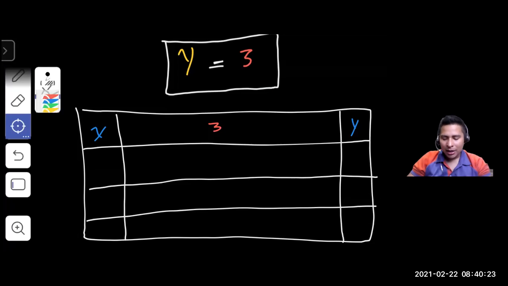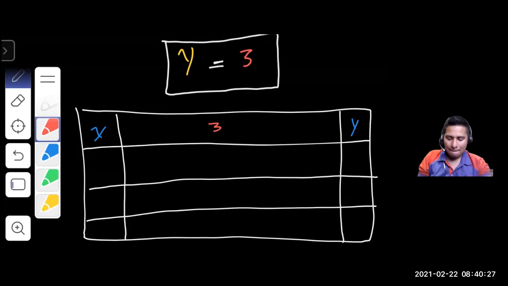Okay, let's give some values for x. In the middle one, what is my magic number, guys? 0. You can take different values. I'd rather take 0, -1 to the left and 1 to the right. Then, guys, I'm going to copy my function and I'm going to substitute.